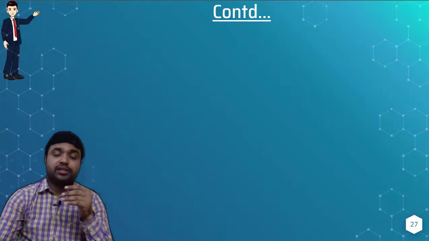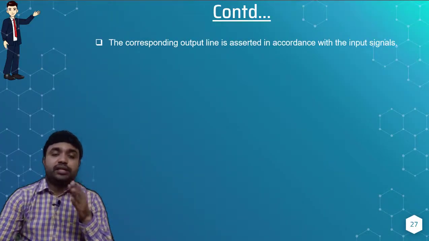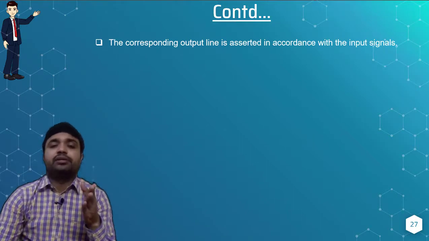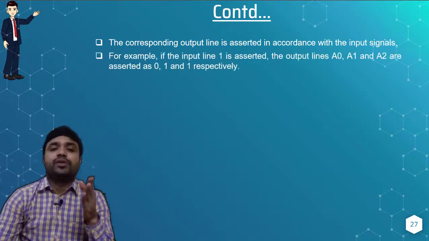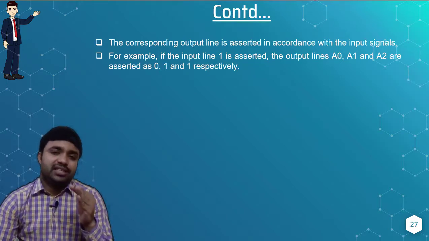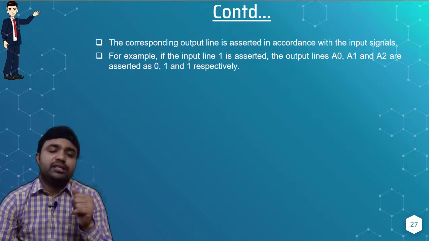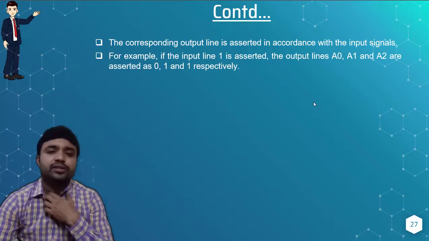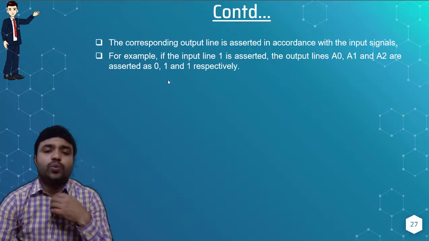So let's see the functional table so that you can get a correct idea about decoder and encoder. Okay, so the corresponding output line is asserted in accordance with the input signal. That means if input line 1 is asserted, automatically what happens is 011 is the selection. Output lines A0, A1, A2 are asserted as 011.